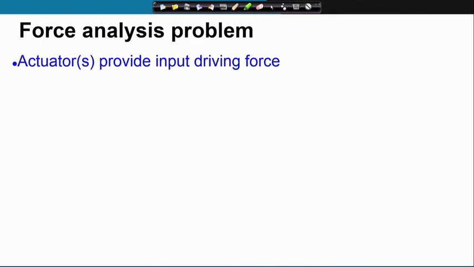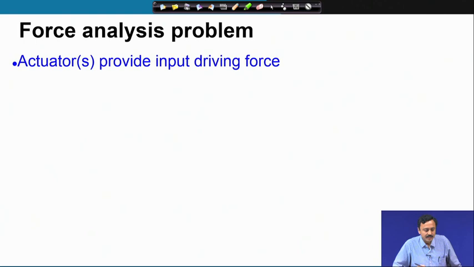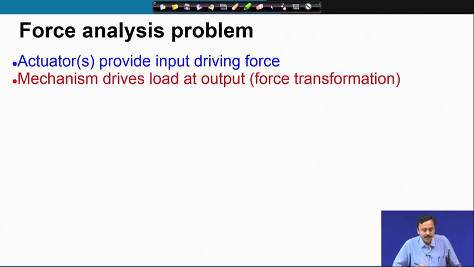So, what is the force analysis problem? As I have mentioned, the actuators provide input driving force. The mechanism drives a certain load at the output, and the force can get transformed and transmitted. Transformed means, for example, from rotary to rotary motion, that is, torque, or to linear motion, essentially force.